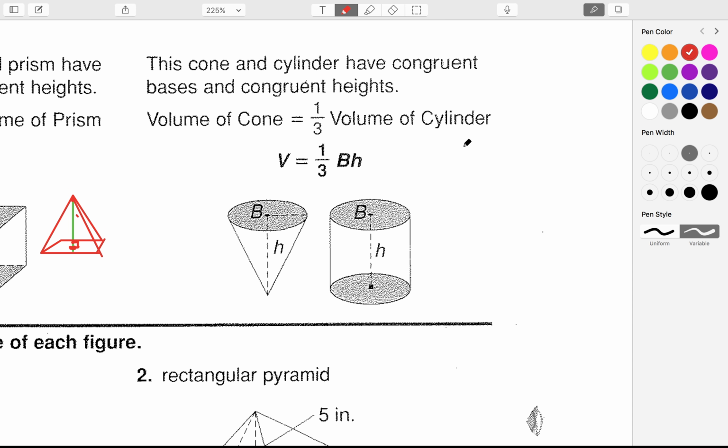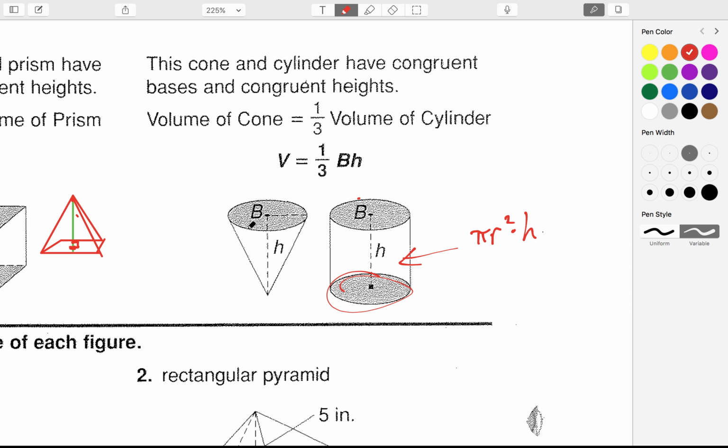Now, a cone and cylinder have congruent bases and congruent heights, volume of a cone and volume of a cylinder. So the volume of the cone is actually equal to a third of the volume of a cylinder. So you're still doing base and then times height. So the formula for the cylinder was pi r squared, because that's your base, times your height.